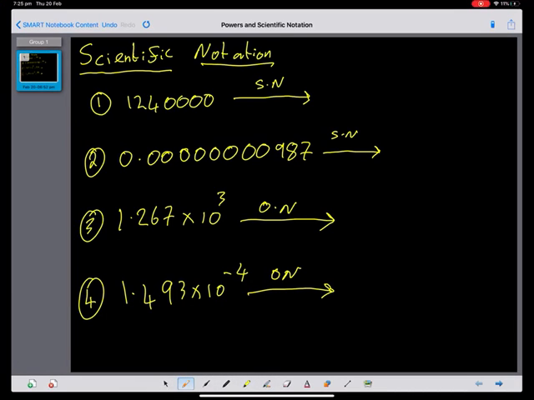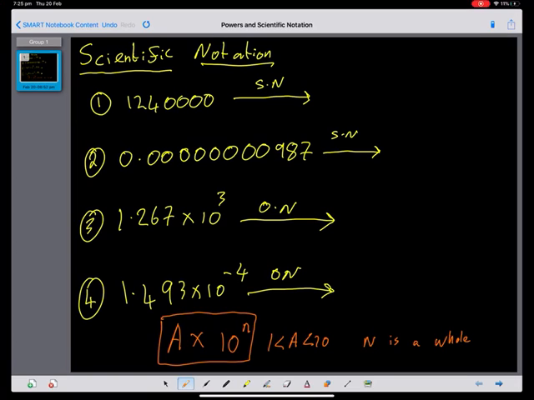Okay, so hopefully you've done that now. So remember, scientific notation is written in the form of A multiplied by 10 to the n, where A is less than 10 but greater than 0, and n is a whole number. Okay, so first one's going to be 1, 2, 4, and it's going to jump 1, 2, 3, 4, 5, 6, so times 10 to the 6.